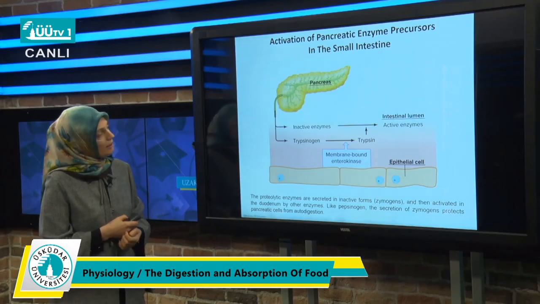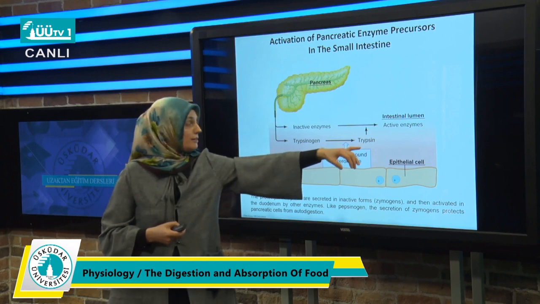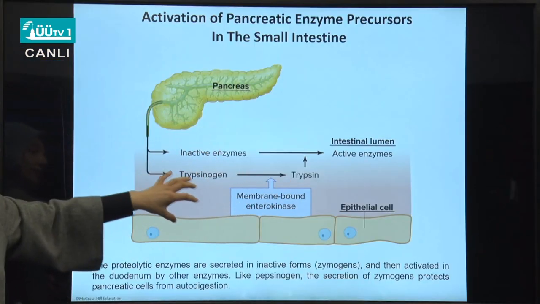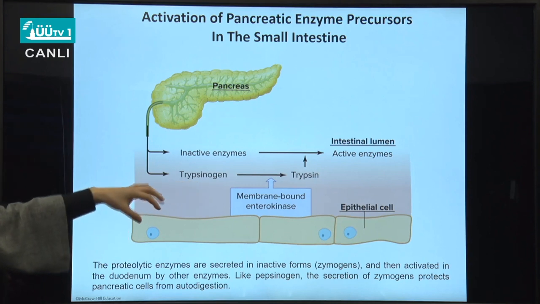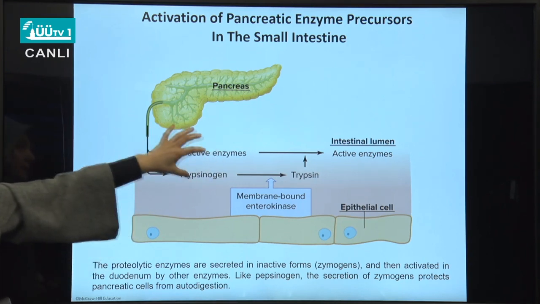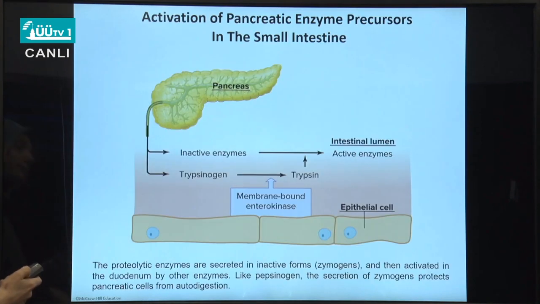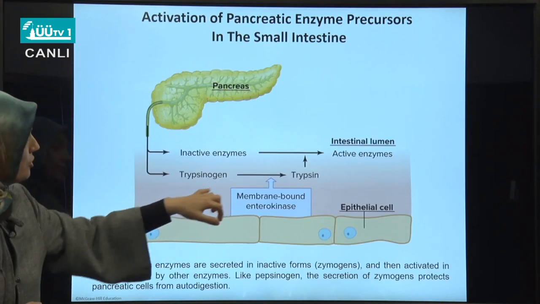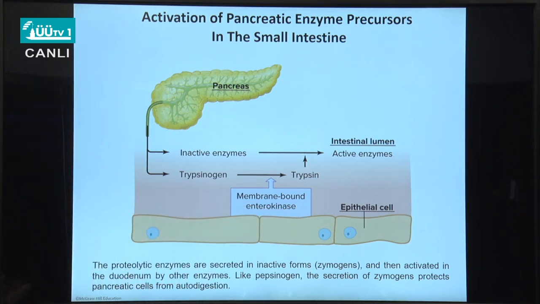Okay. You see here how trypsin is activated. The enzyme trypsinogen is secreted by the pancreas. The trypsinogen is the inactive form of trypsin. And then when it reaches the small intestine, there are the brush border enzymes.